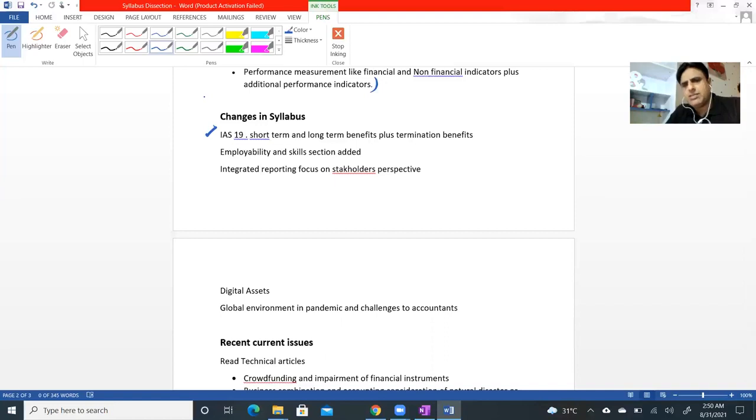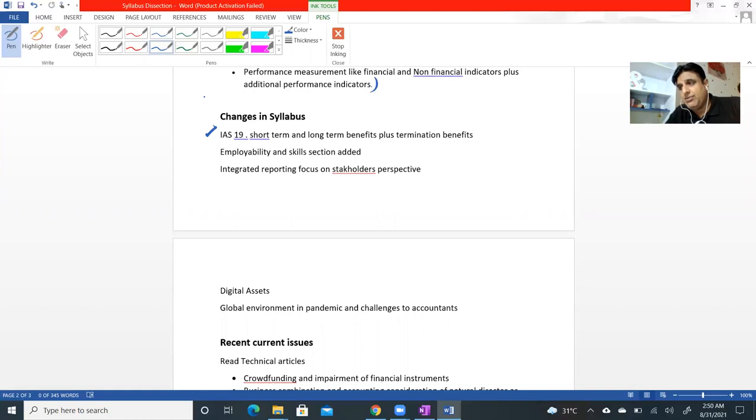Although those areas were present over there, now focus on these areas, because previously the students' focus was on pensions, post-employment pension benefit plans like contribution plan or defined benefit plan. But after changes, you should focus on the treatment of short-term benefits and long-term benefits like termination benefits. So focus on these three areas as well.